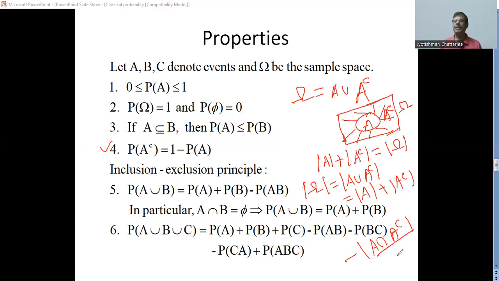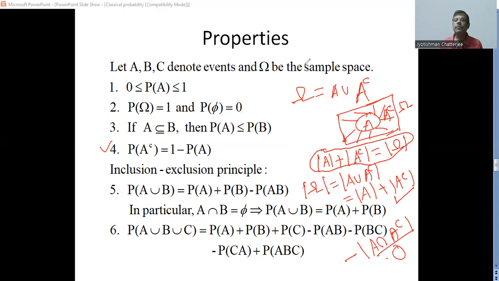No, that's null set, because no element can belong to both A and A complement. That's why this is 0. That's why we get size of omega is nothing but size of A union A complement, and that is equal to size of A plus size of A complement. However, it's intuitively quite clear why this should hold, and you don't need to apply the more elaborate inclusion-exclusion principle for this. This is quite obvious.